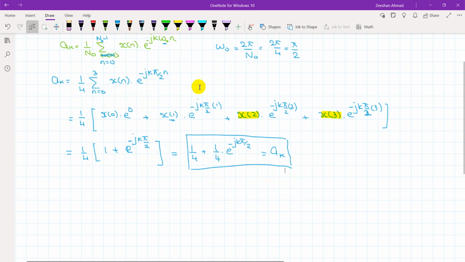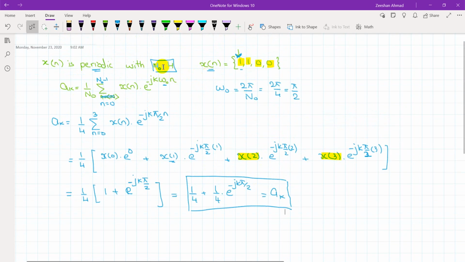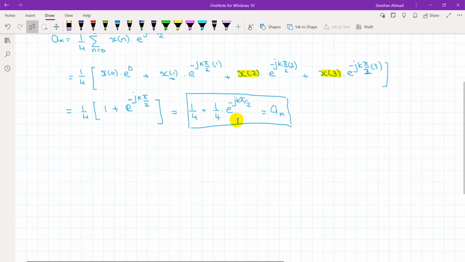Now I need to find, I say that the value of capital N naught is 4, and I'm starting from 0, so it means I need to find the coefficient at 0, 1, 2, and 3 from this general formula which we obtained. So a of 0 will be equal to 1 by 4 plus 1 by 4 into e power 0 here.